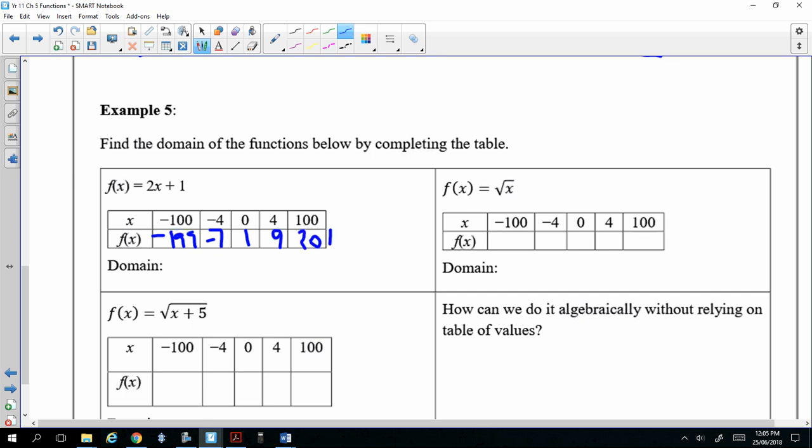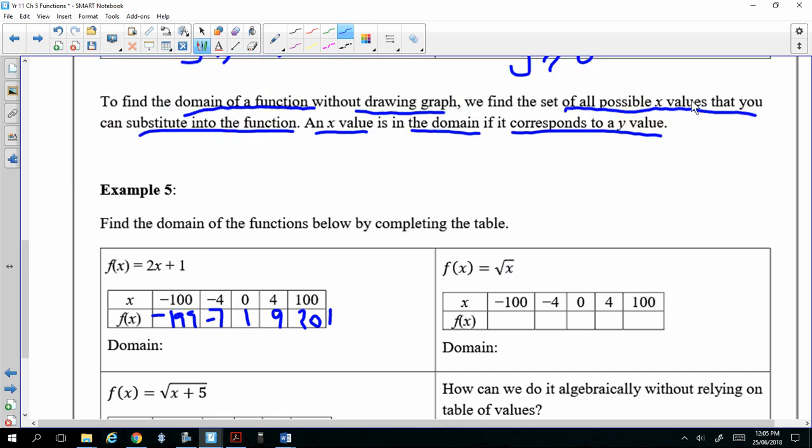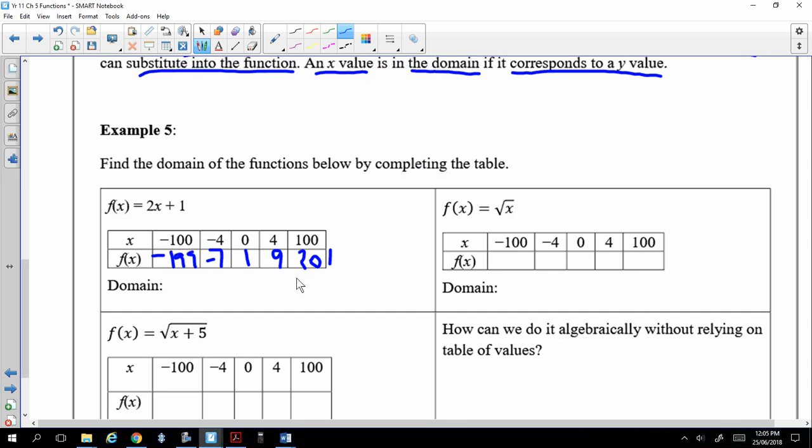So, what's a domain again? It is the set of x values that you can substitute into the function. Is there any number you can't substitute? No, so you say all real x. So without drawing the graph, I could work out what the domain is. All real values are possible.